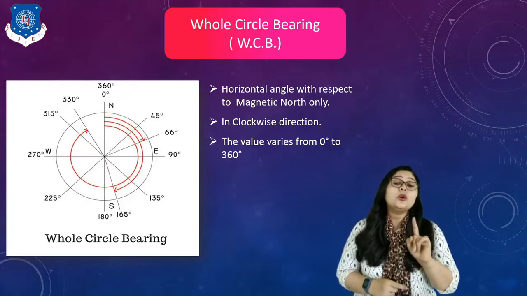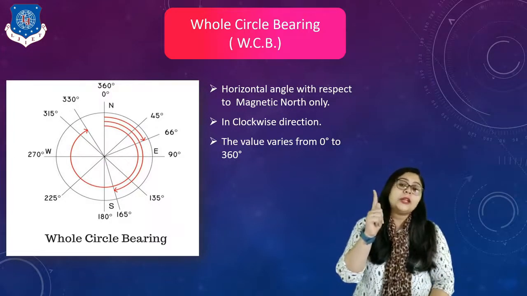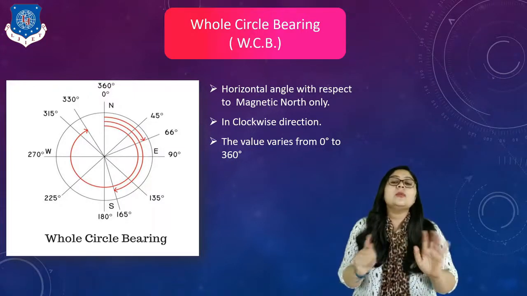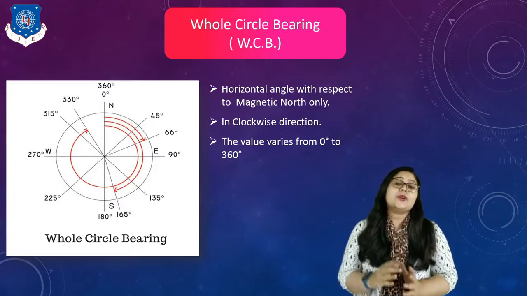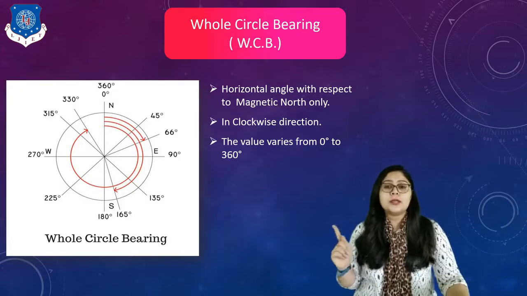But it is only possible when I am taking angles with respect to north only and in clockwise direction. Otherwise it cannot be possible. So that I can get angles ranging from 0 degree to 360 degree. That is the concept of whole circle bearing.